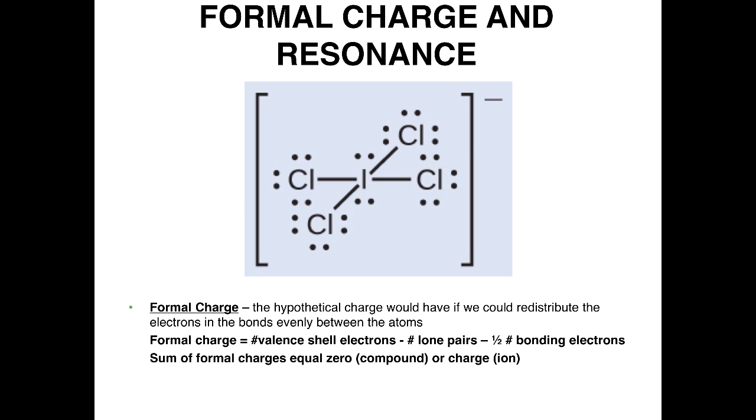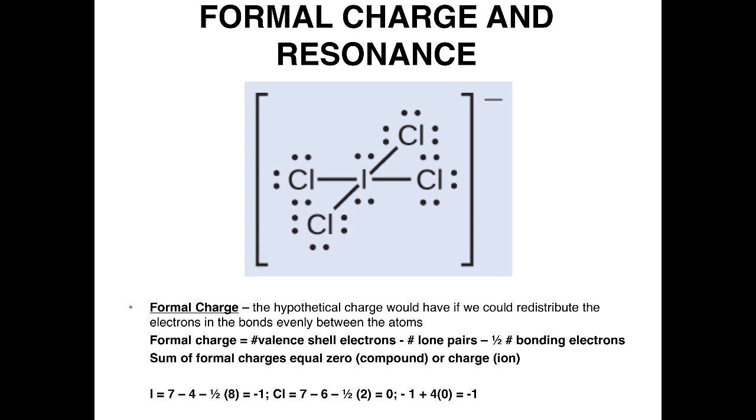So let's look at this example of iodine tetrachloride. Iodine has 7 valence electrons minus, there are 2 lone pairs, so minus 4, minus 1/2 of the 4 times 2 bonding electrons, so 1/2 of 8. So the total formal charge of iodine is minus 1.